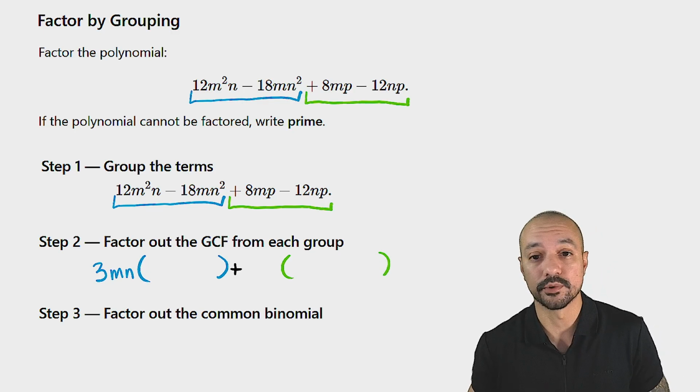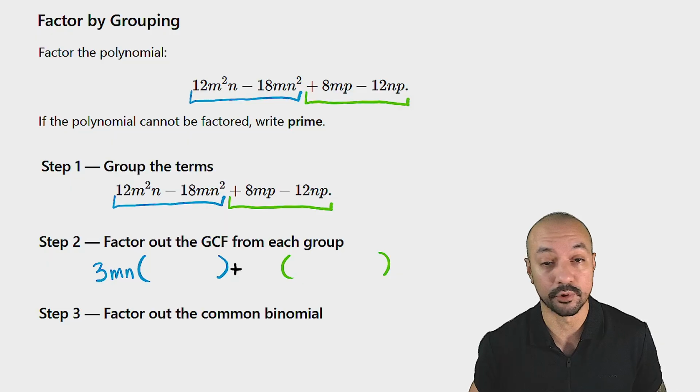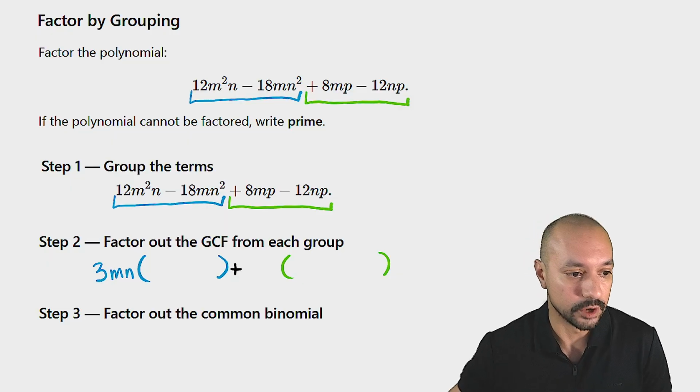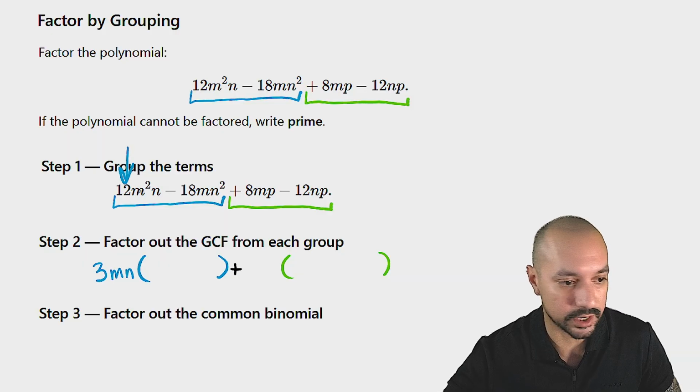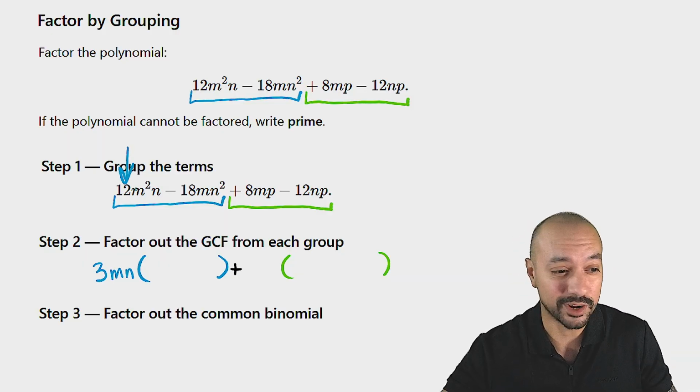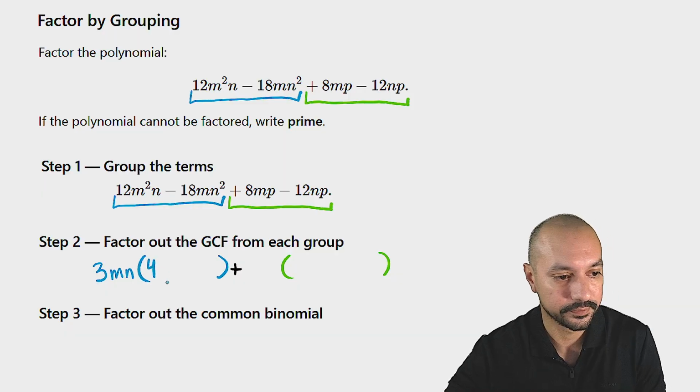Now, before I start with the green, let's talk about what gets left behind inside of the parentheses for the blue. So if I factor a 3 out of this 12 right here, it's almost like dividing when I say factor. That's going to leave me with a 4.